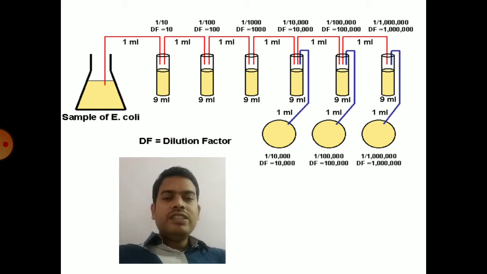So serial dilution is a process which is used for isolation of pure cultures. This is how you serially dilute the sample: 1 gram of soil is dissolved in 100 ml of water or sometimes 1000 ml of water, and it is serially diluted by drawing 1 ml to adjacent test tubes one by one.